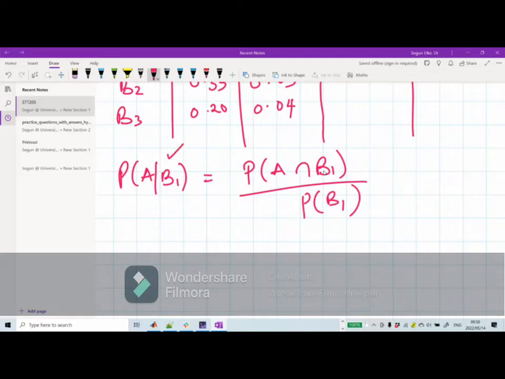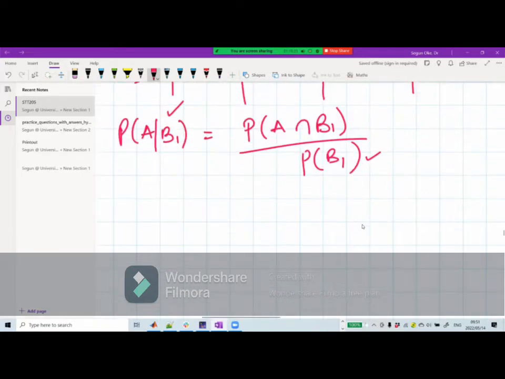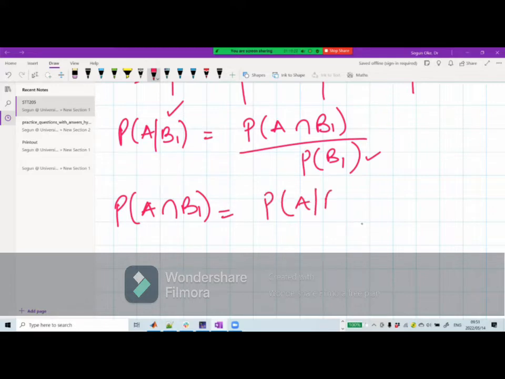Because it's already been given, all we need to calculate is the intersection. The probability of A intersection B1 is the same thing as probability of A given B1 multiplied by probability of B1.